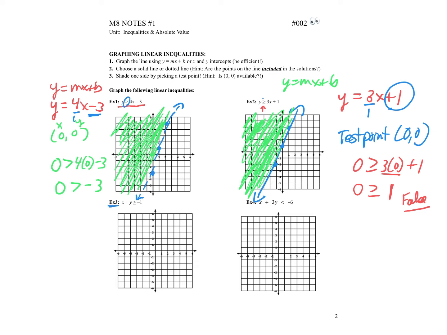Example 3 is in standard form, or x and y are on the same side. So you could solve it using x and y intercepts, which I might do just for practice. So when x is 0, y is negative 1. Then we can go back.